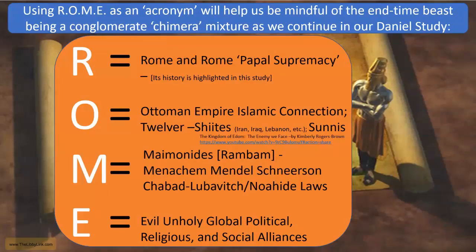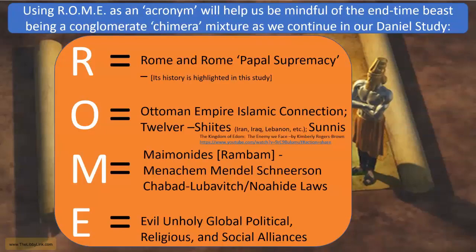But I wanted us to be mindful of the Ottoman Empire Islamic connection. There's 12ers who are expecting their Mahdi, which we know will be the anti-Messiah. There's Shiites, and that mainly encompasses countries like Iran, Iraq, Lebanon, and there's Sunnis.